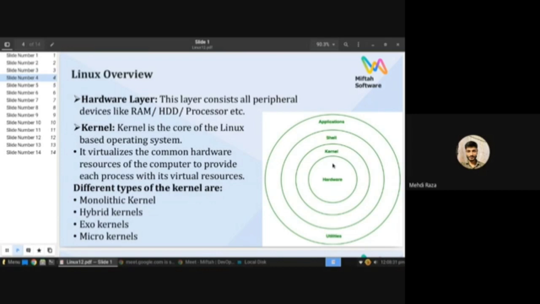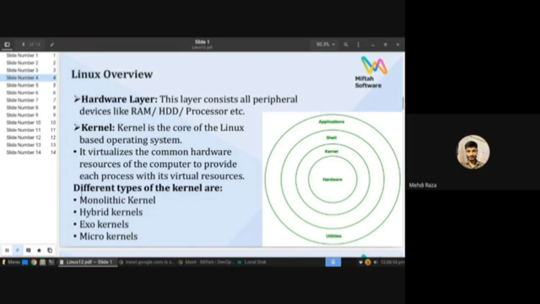That means if I click any application, the code goes to the shell, the shell sends it to the kernel, the kernel breaks the code into processes and sends it to the processor through the RAM, and then it reverts it back.